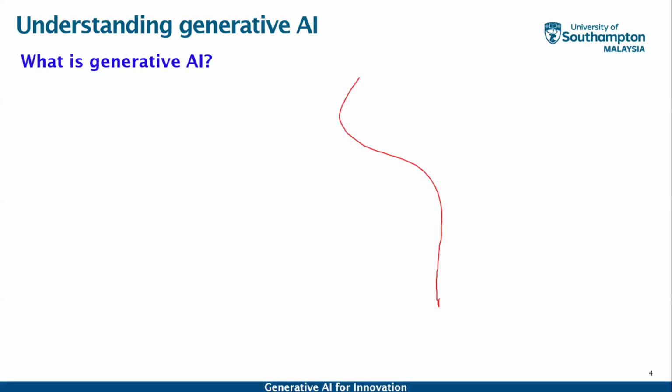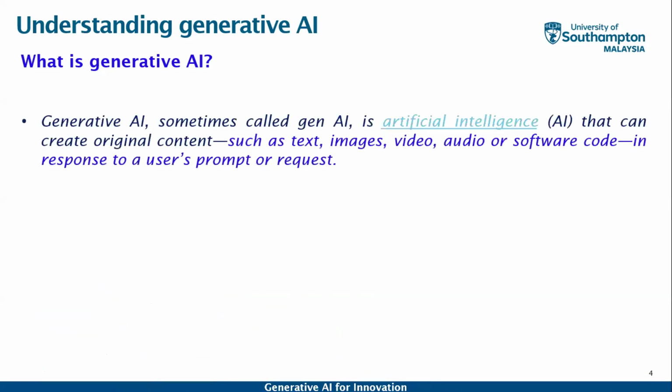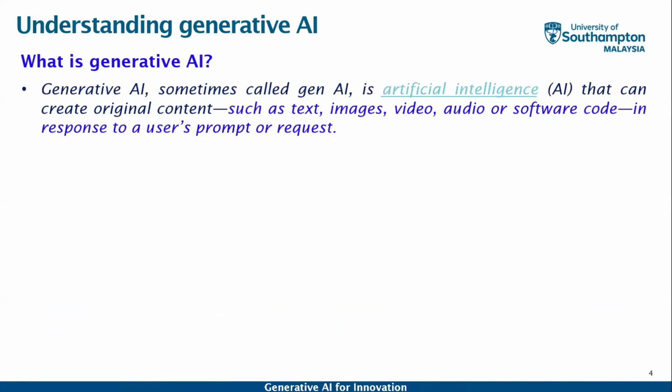That is based on a sophisticated combination of machine learning models, with the help of deep learning algorithms that simulate the learning and decision-making process, which can create original content such as text, images, video, audio. Already you people have heard about this, right? You might already be using it also, right? Software code in response to a user's prompt or request. Like that, it goes ahead.